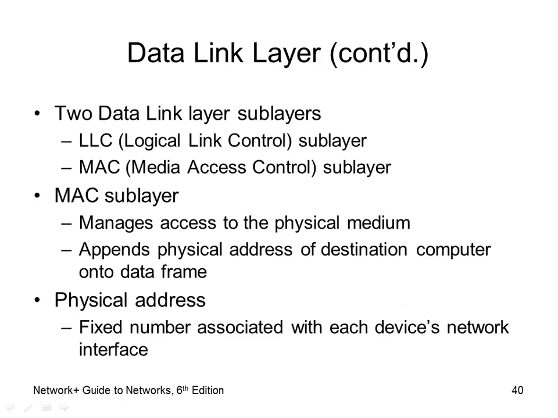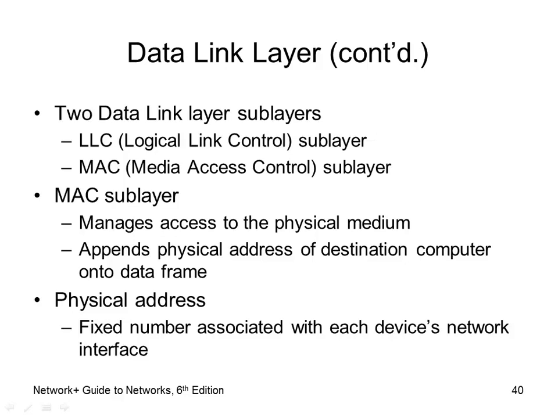The data link layer is divided into 2 sublayers. They're called the LLC and the MAC. And you notice MAC, that is where the term MAC address comes from, the Media Access Control Layer. The reason for this is because the LLC deals with the upper part and more with the layer 3 stuff.